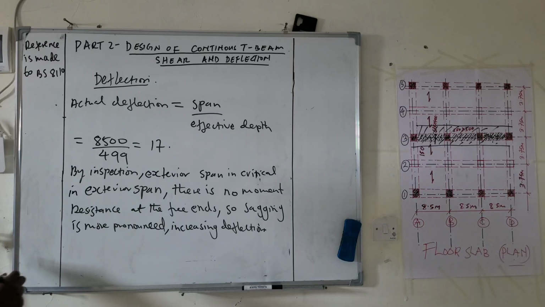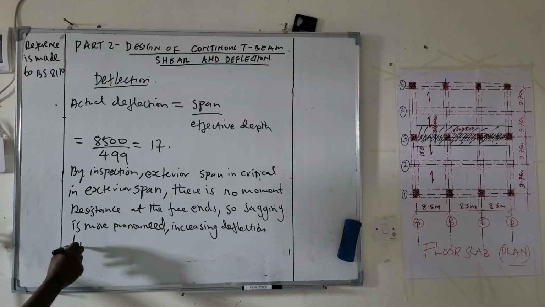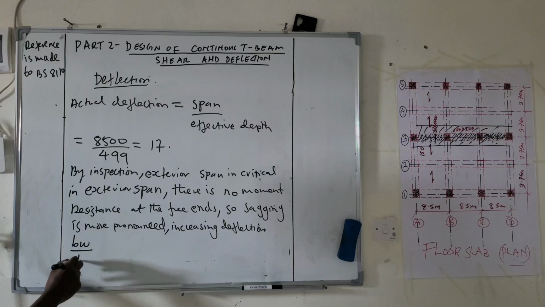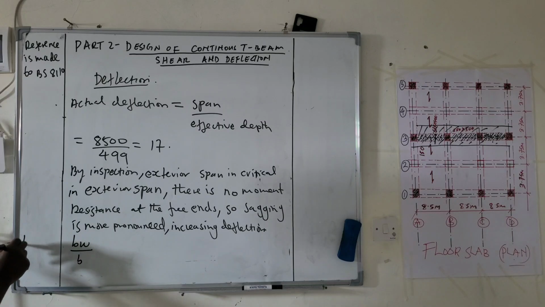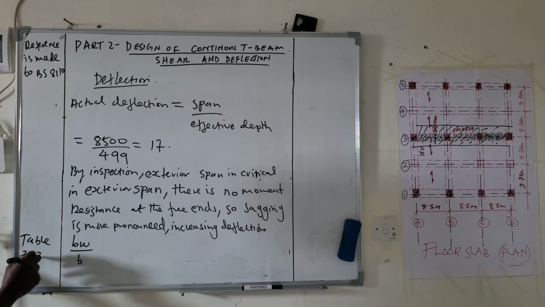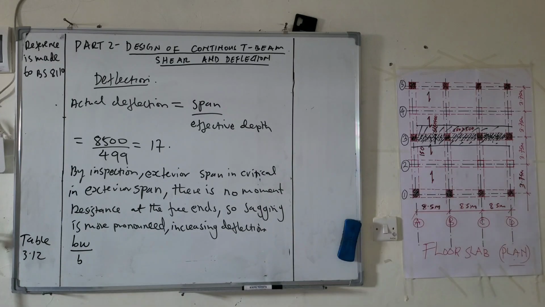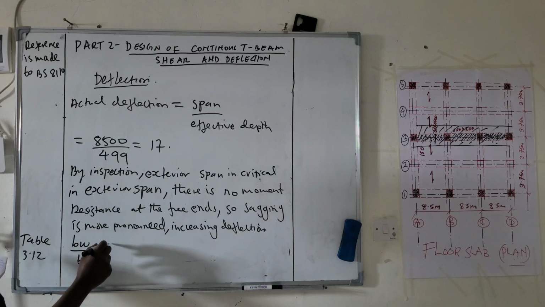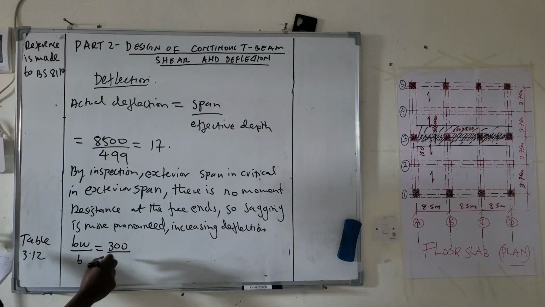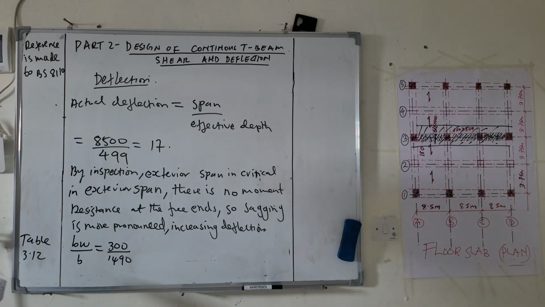So BW over B, so this one is in table 3.12 of BS 8110. So BW over B is equal to 300 over B, which is 1490.